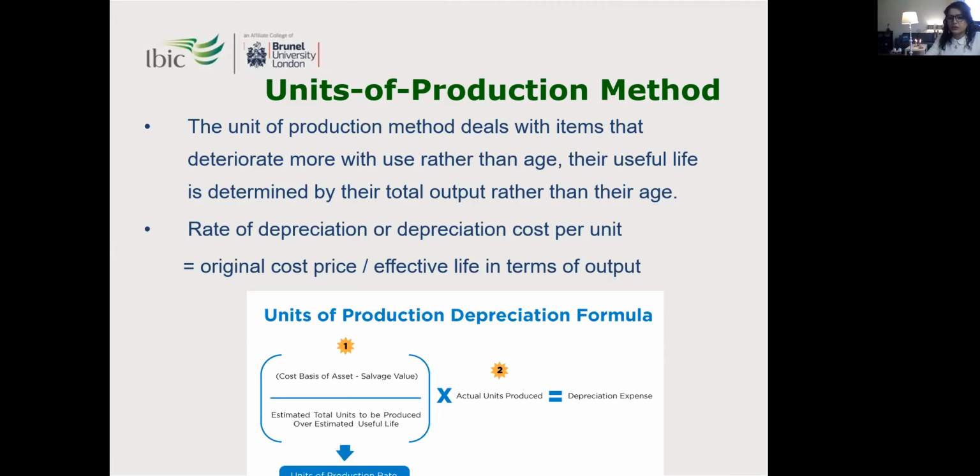So the rate of depreciation is going to be calculated by using this formula: original cost price over effective life in terms of output.